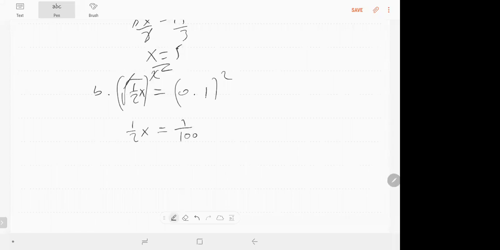Times 2, the 2 cancels out, so x is left. So this one is 2 over 100, and in decimal it is very simple, 0.02. You can also say 1 over 50, simplifying is also possible.